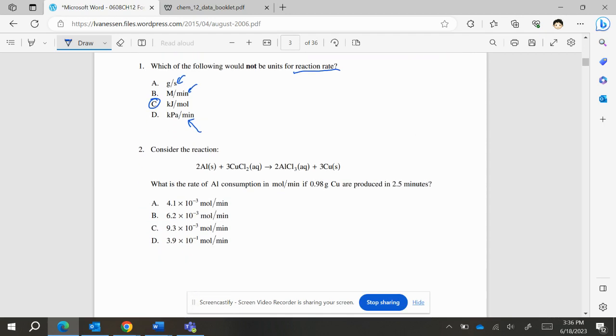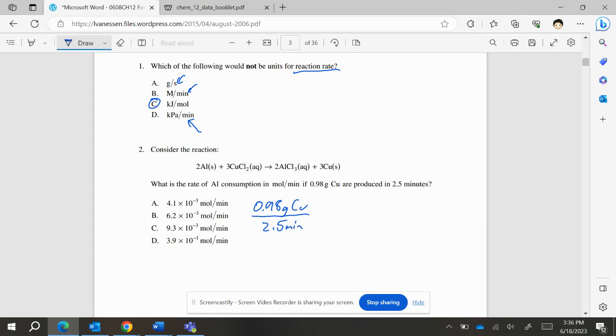Okay. Next question says, what is the rate of aluminum consumption in moles per minute if 0.98 grams of copper are produced in 2.5 minutes? So I'm going to start with 0.98 grams of copper, and that is produced in 2.5 minutes.